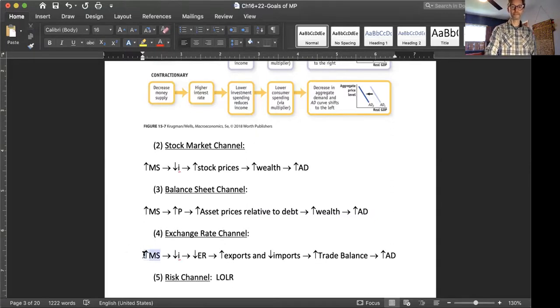But when the Fed raises the money supply and cuts interest rates, this also puts downward pressure on the exchange rate. And lower exchange rates encourage exports and discourage imports, which tends to drive up our trade balance and also tends to stimulate aggregate demand. So this is another channel by which monetary policy can stimulate aggregate demand. If the Fed increases the money supply and cuts interest rates, our net exports go up and aggregate demand goes up.